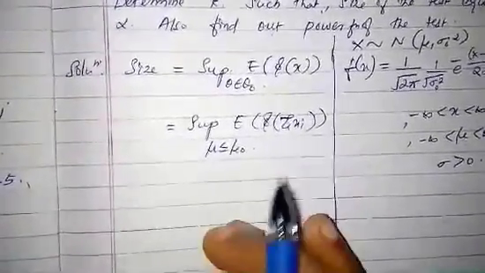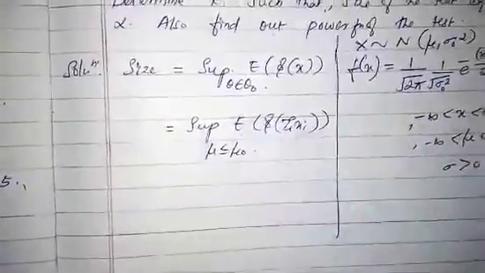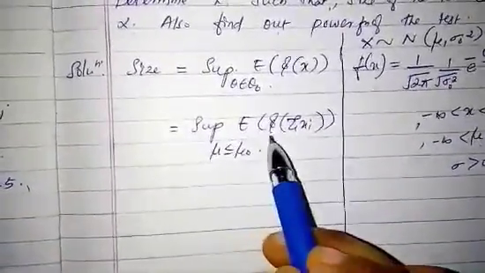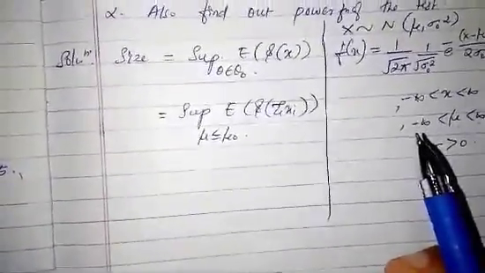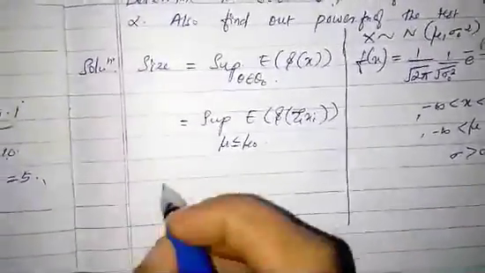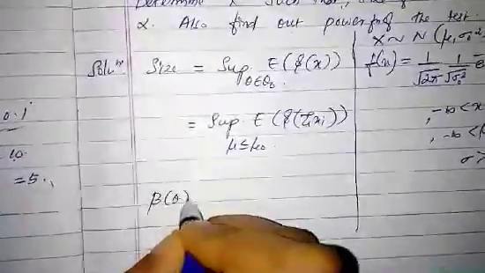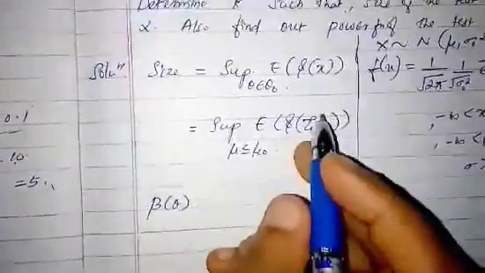For that, first we have to find whether the expectation of phi of summation xi is an increasing function or a decreasing function. So first we have to define beta of mu.